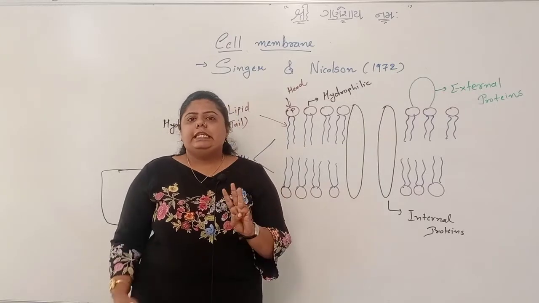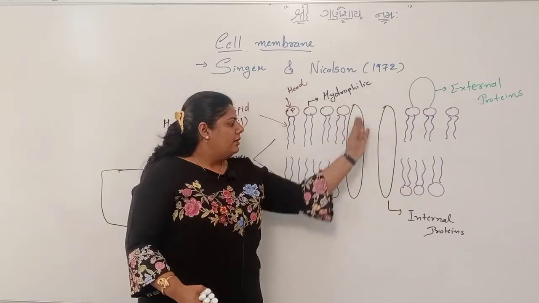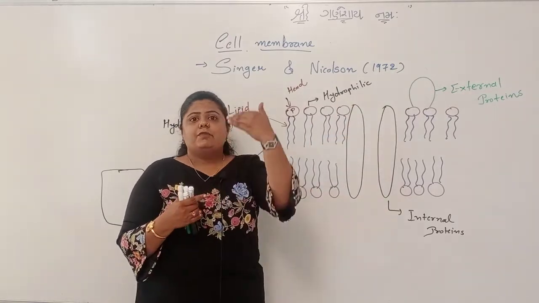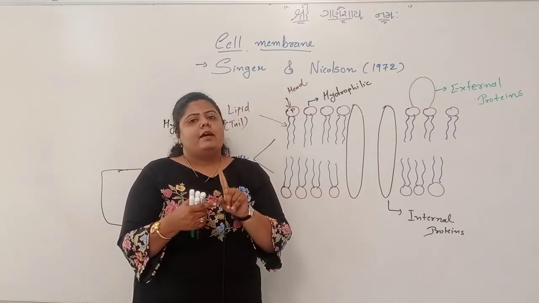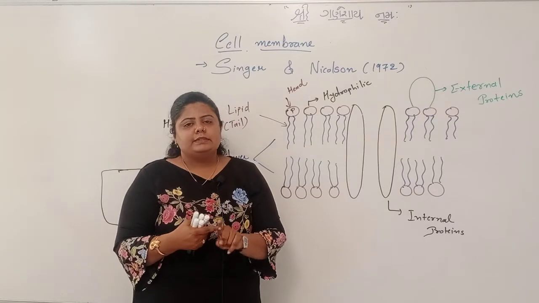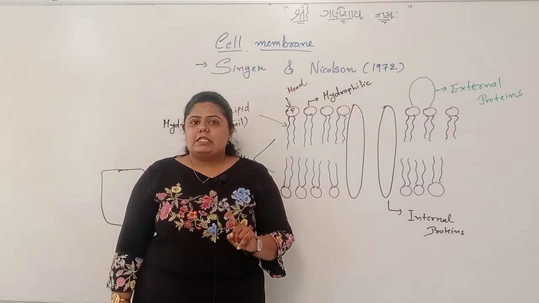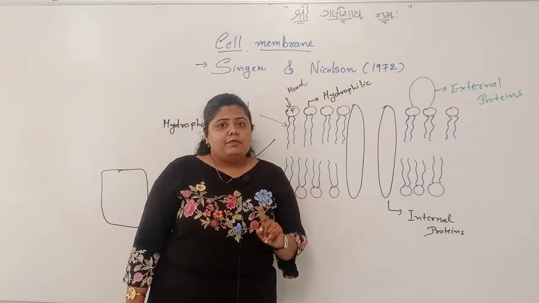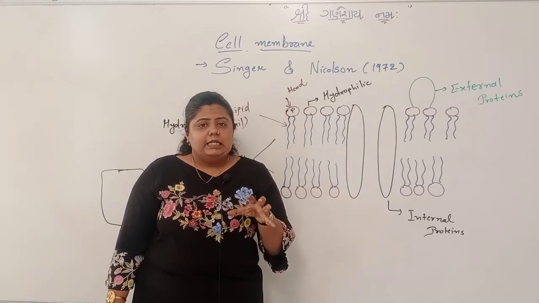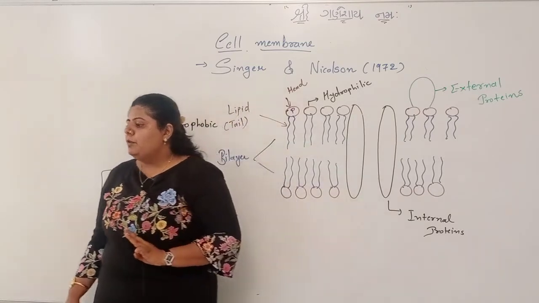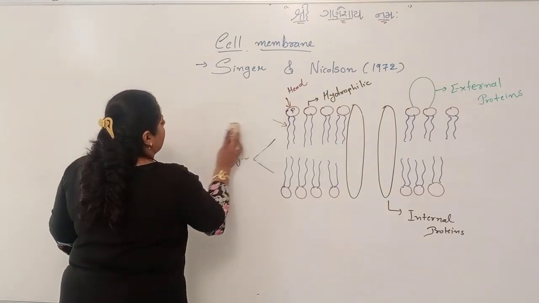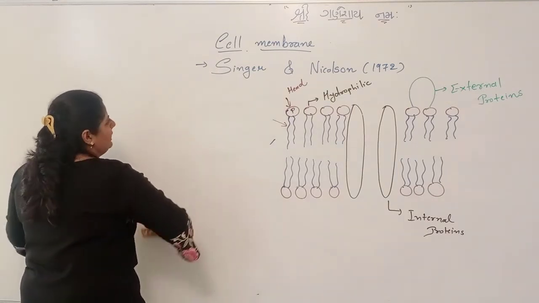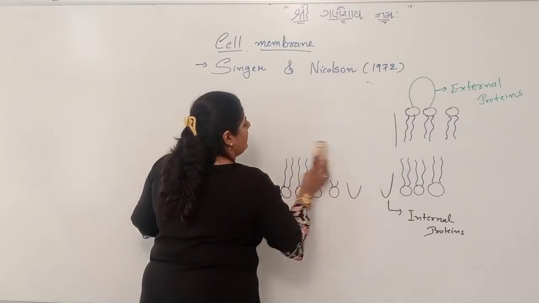Now, three types of transfer of molecules are there: diffusion, facilitated diffusion, and active transport. So now we are going to study three types of movements of molecules: diffusion, facilitated diffusion, and active transport.